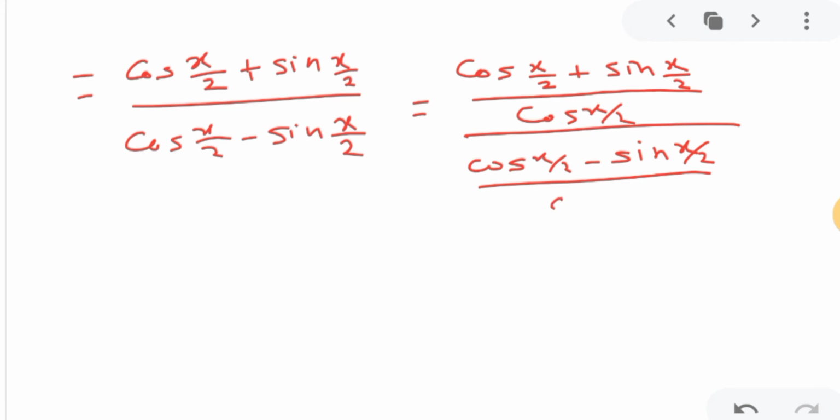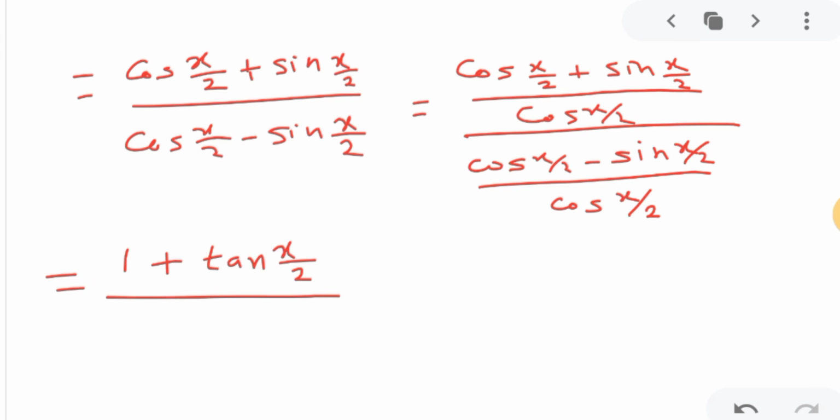Because we have to convert in tan form, and we know sin upon cos is tan. So cos x upon 2 divided by cos x upon 2 becomes 1, plus sin x upon 2 divided by cos x upon 2 becomes tan x upon 2. And the same thing will happen to the denominator.